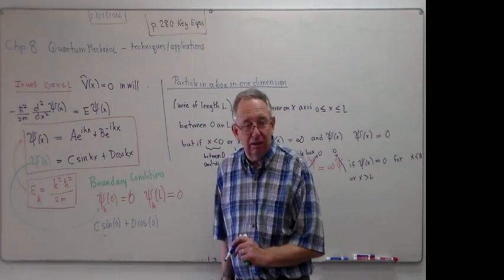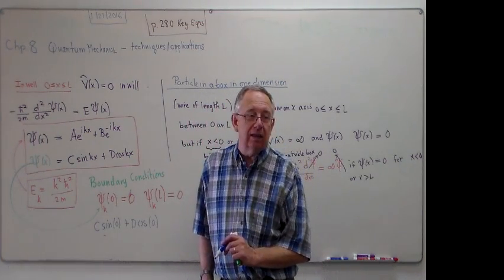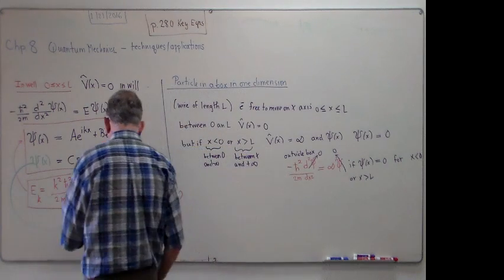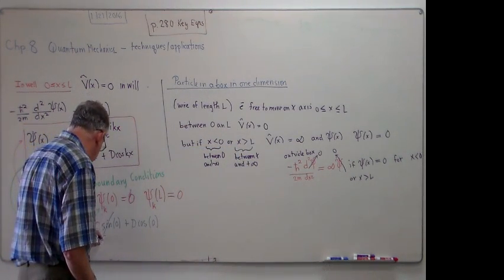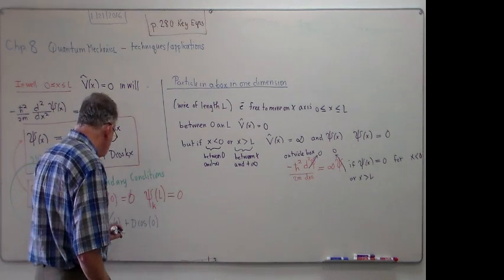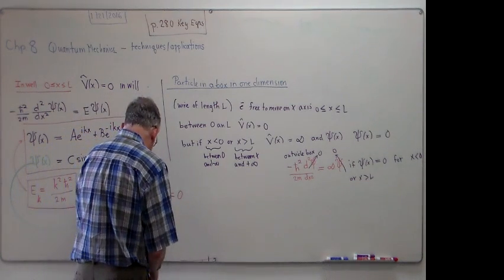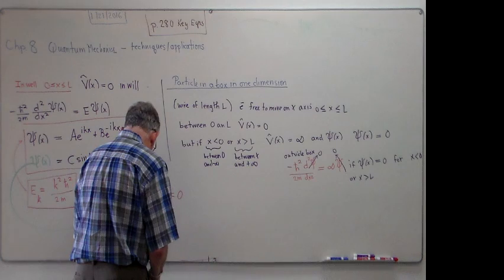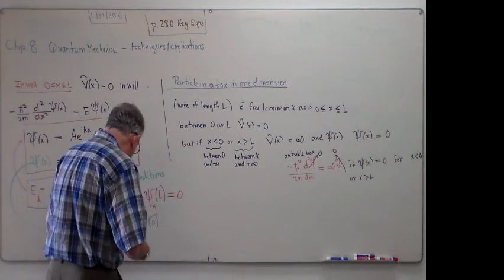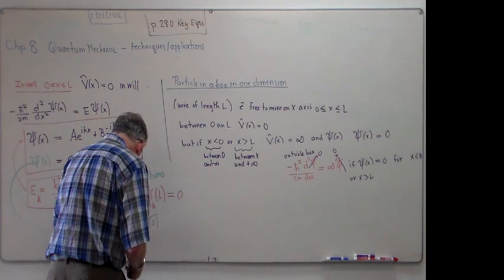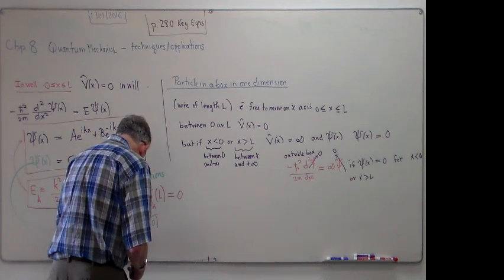Now, what's the sine of 0? 0. So this whole term goes to 0. And this term, the cosine, goes to 1, or D. And if you want that to go to 0, you only have one choice. D has to be equal to 0.